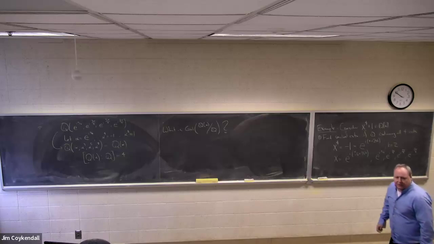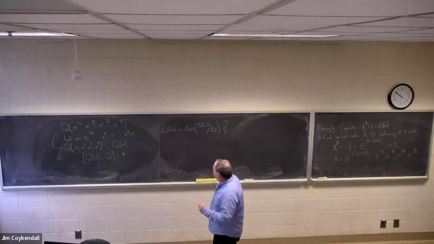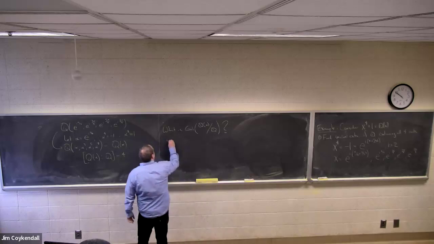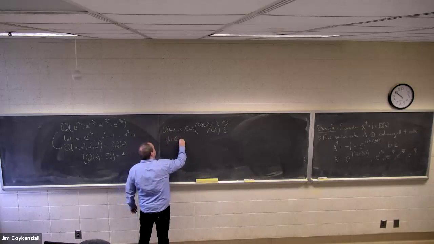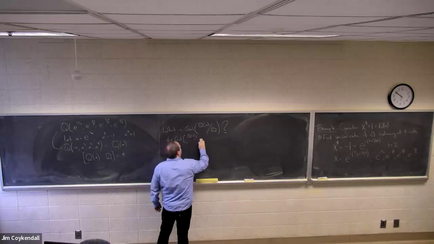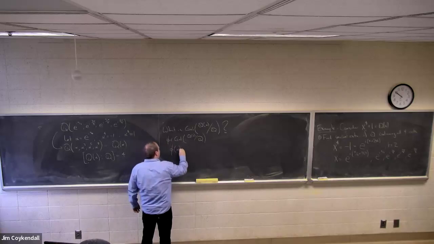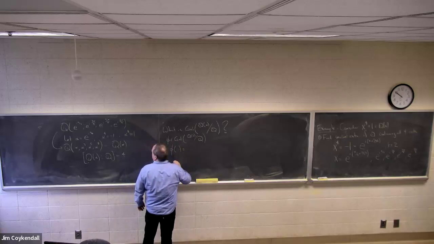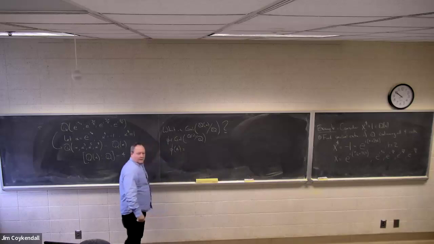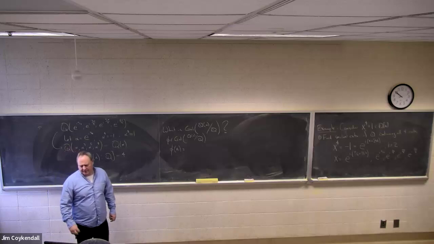Now, I don't know much, but I do know this. If phi is in the Galois group of Q alpha over Q, then phi of alpha is what?